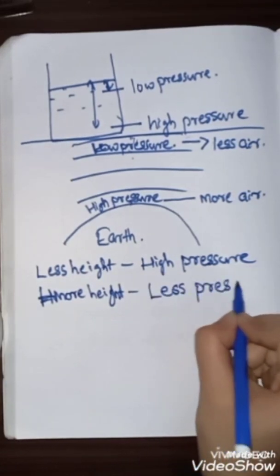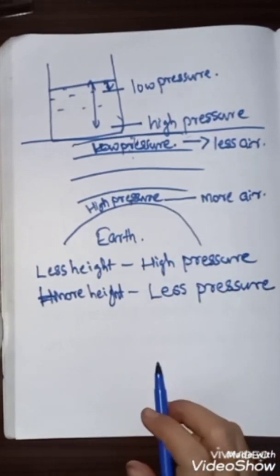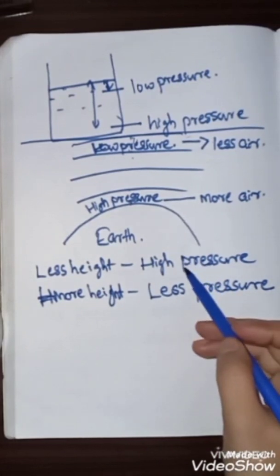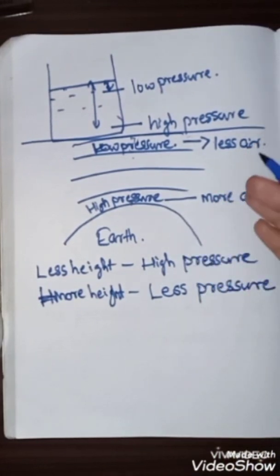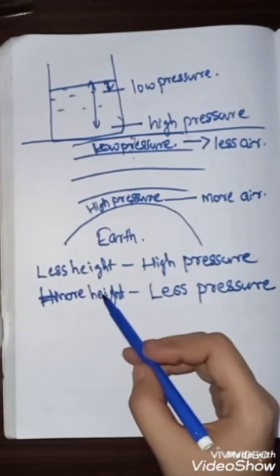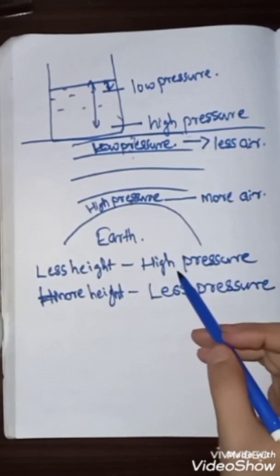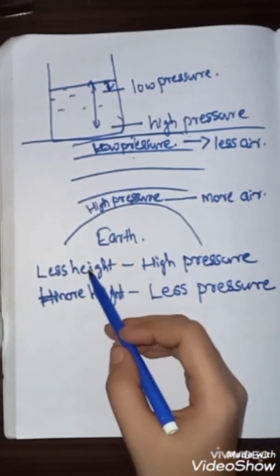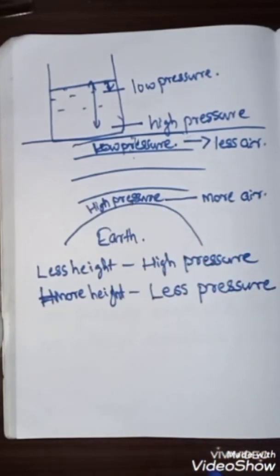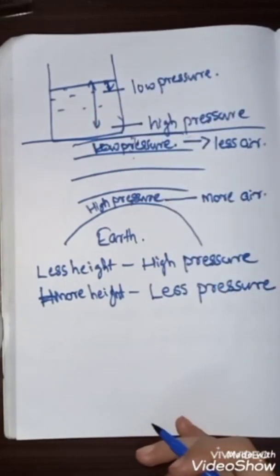So here we can understand that the pressure is very low at a more height and the pressure is very high at a less height. Okay, so as the height increases, the pressure decreases.